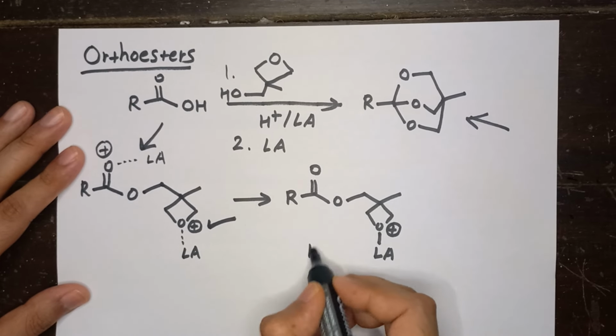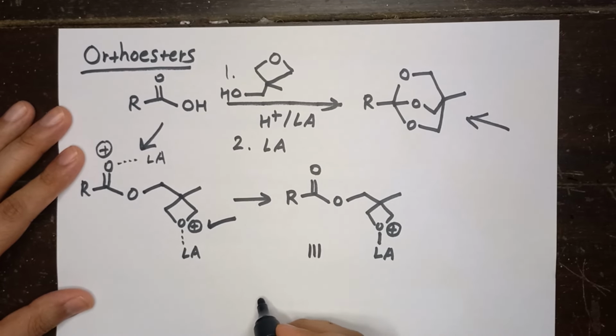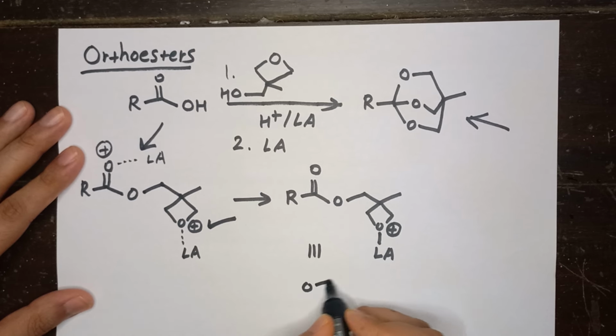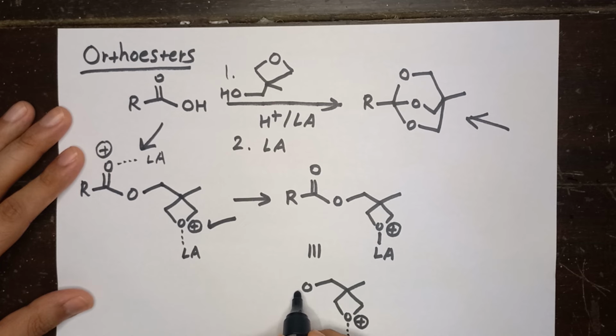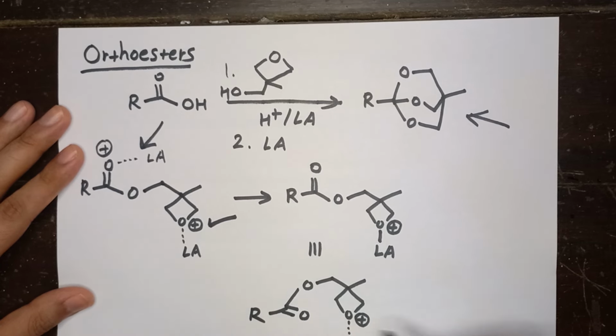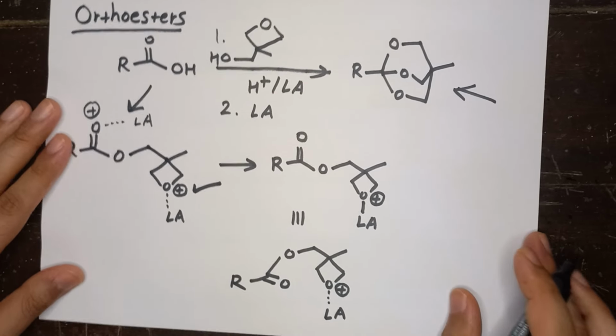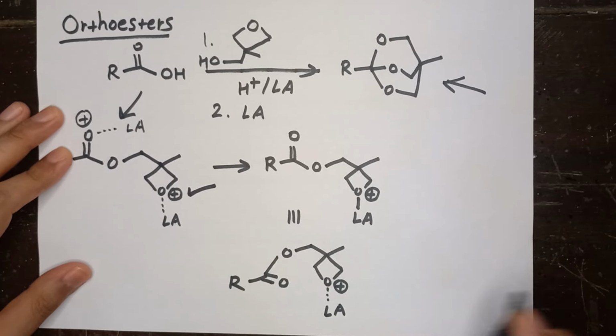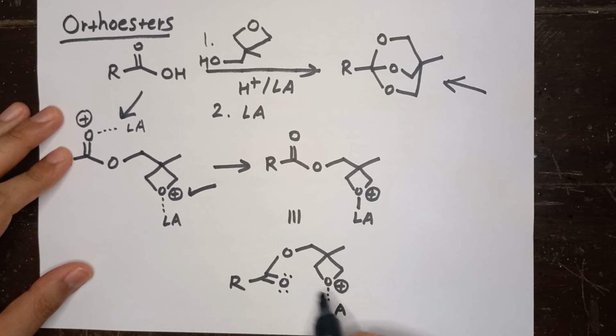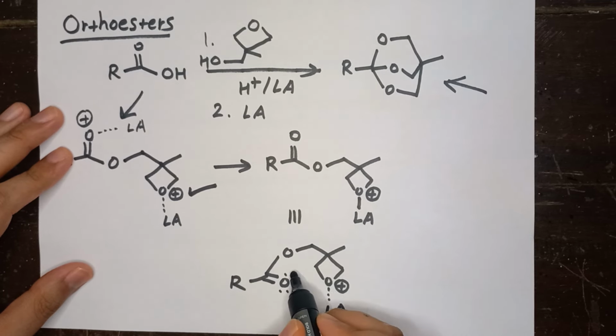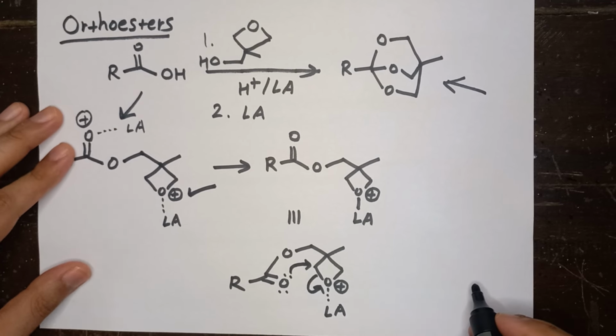I can write this as oxygen, Lewis acid bearing positive, and we have C double bond O R, exact same thing. Okay. So now this ring will get open. That's why we chelated it with Lewis acid. So this will attack here and this will open up, right?